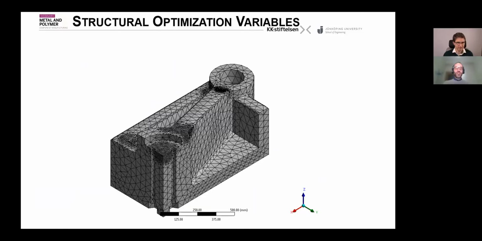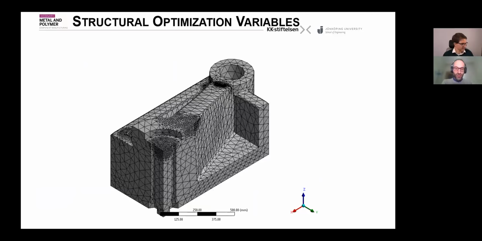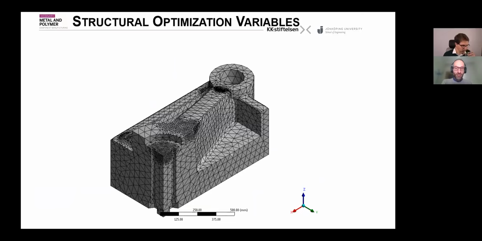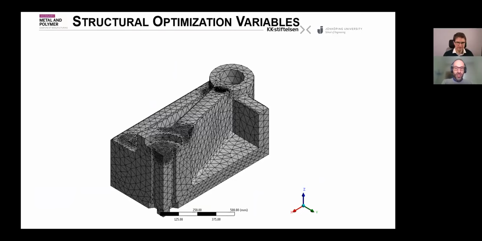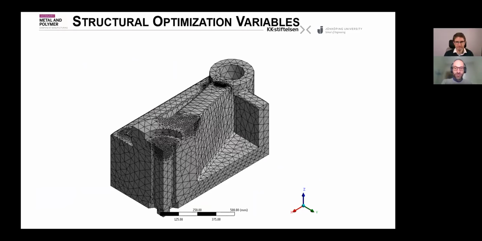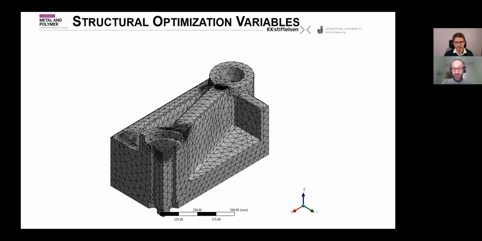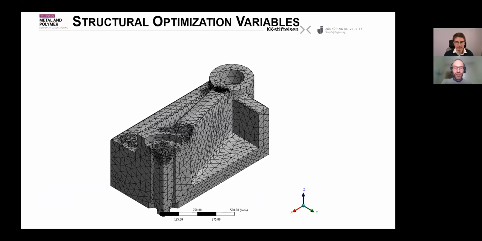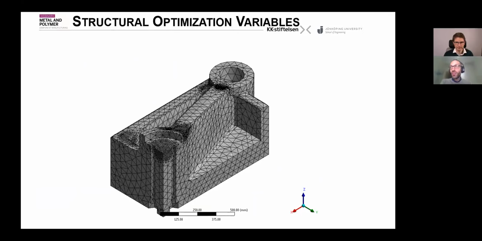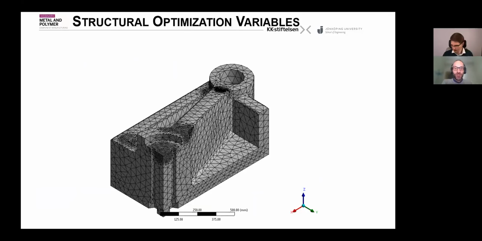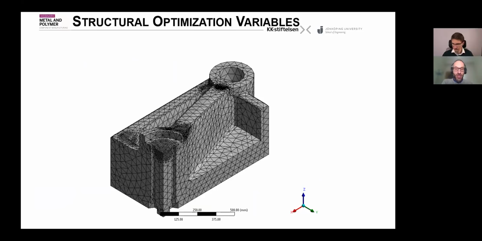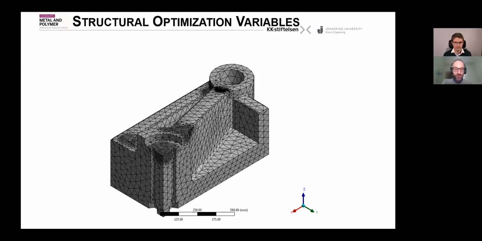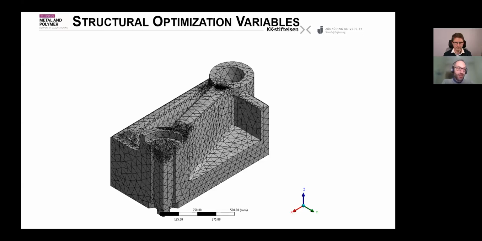Here we can see how, during the optimization, the algorithm behind it could change the shape of the different variables that we have seen before, of course driven by the results it got. You can see that we have a finer mesh where the more stressed areas are located.